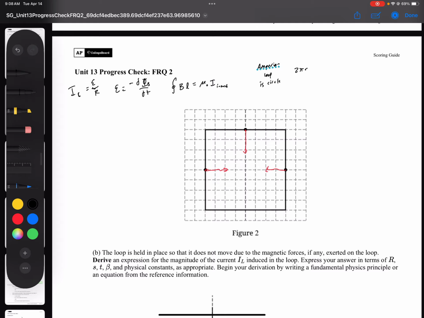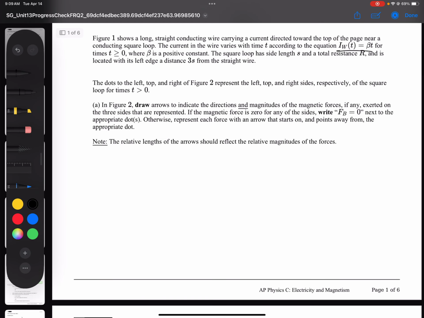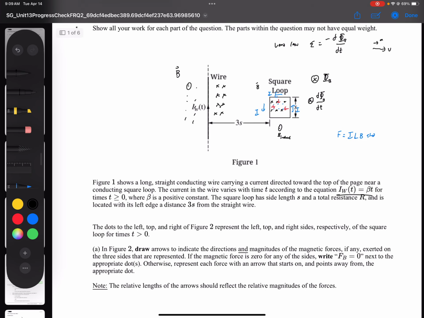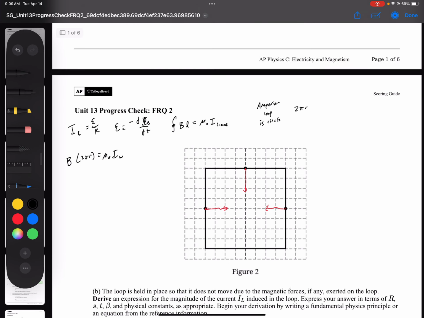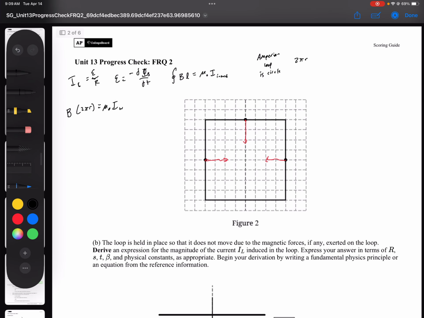So when you analyze Ampere's law, you have B times 2 pi r is equal to mu naught times I_W. This I_W is the current in the wire, so that's I_W of t. That's what's generating the magnetic field going into the loop.